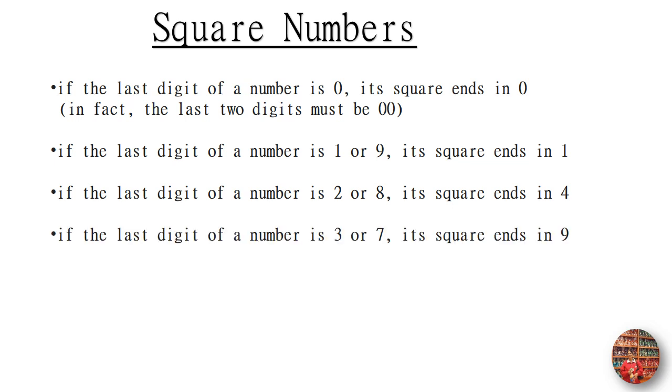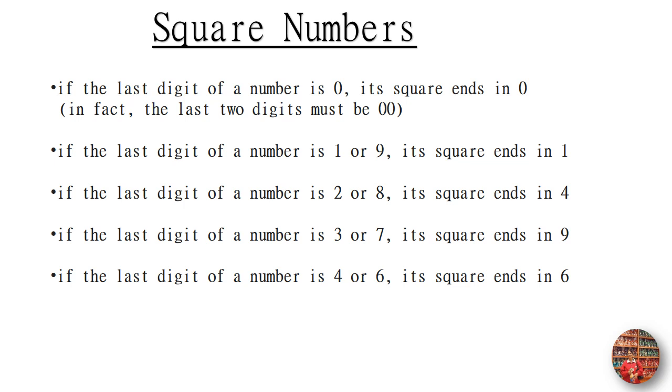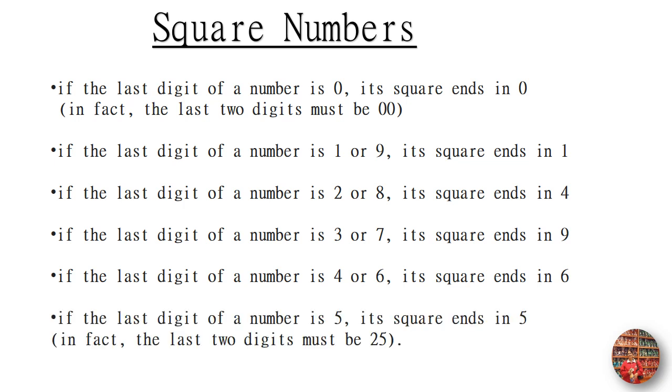If the last digit is 3 or 7, its square ends in 9. If the last digit is 4 or 6, its square ends in 6. If the last digit is 5, its square ends in 5, rather it is 25.